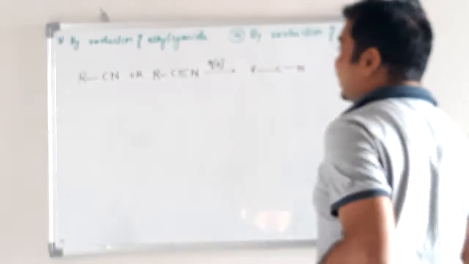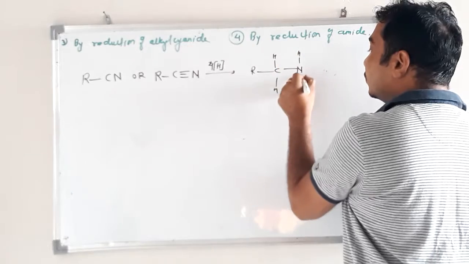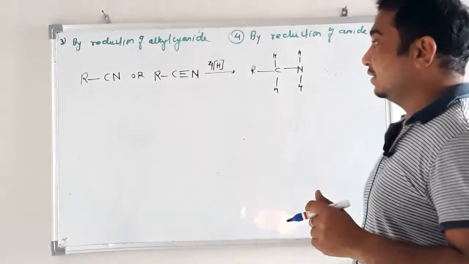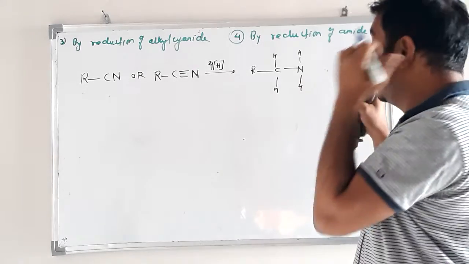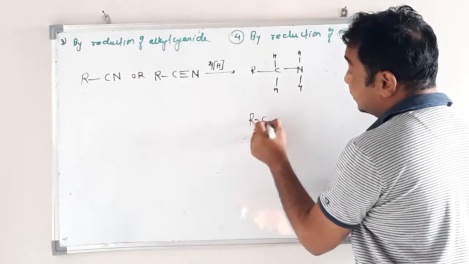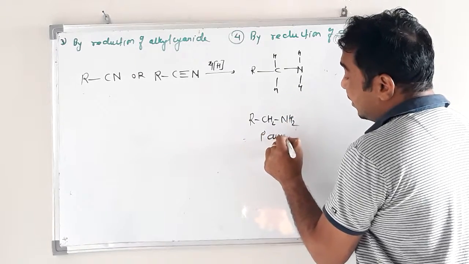If we add 4 hydrogen atoms, 1, 2, 3, 4, then this carbon nitrogen triple bond gets converted into a carbon nitrogen single bond. And what is this? RCH2NH2. This is primary amine.